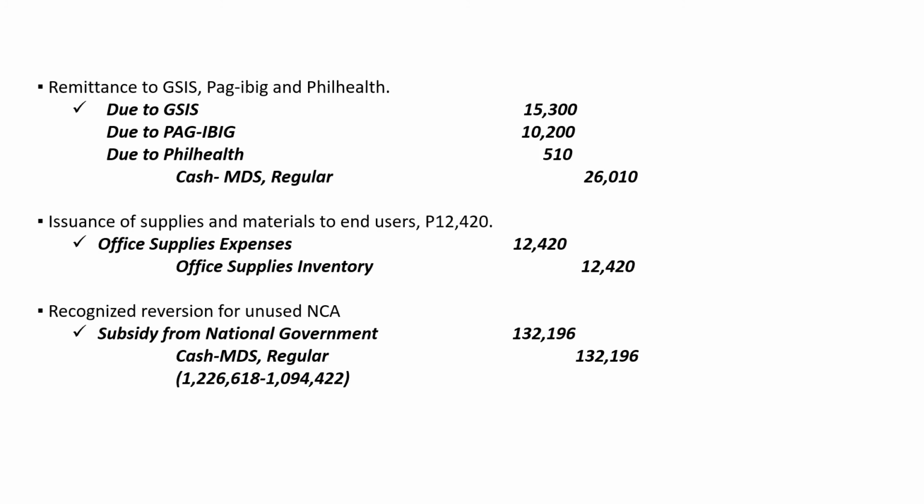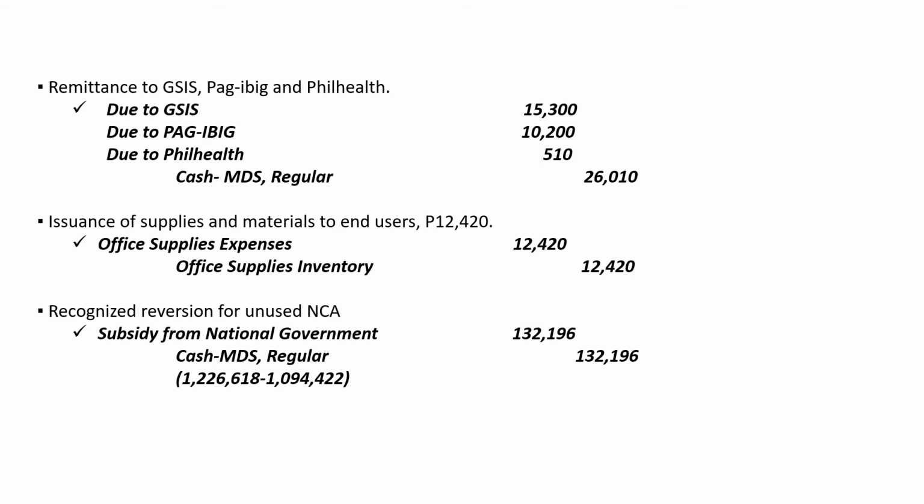Next, issuance of supplies and materials to end users, 12,420. So we just debit office supplies expense, 12,420, and we credit office supplies inventory, 12,420. And the last entry would be to recognize reversion for unused NCA, the Notice of Cash Allocation.